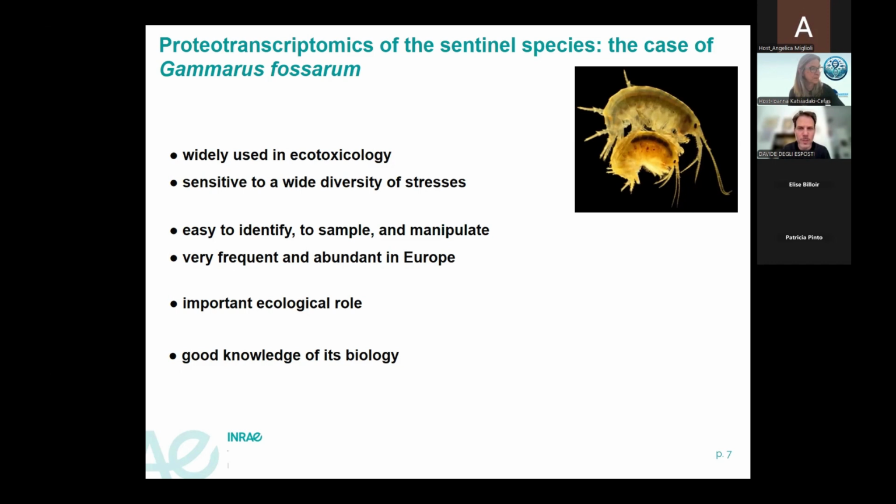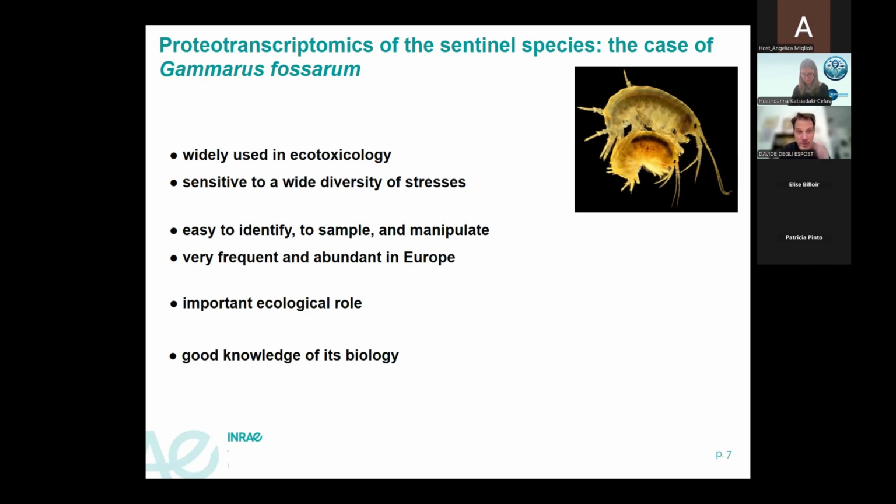So what I am telling you now about the molecular approaches can be extrapolated to all the species for which there is an interest, in marine sciences for example.